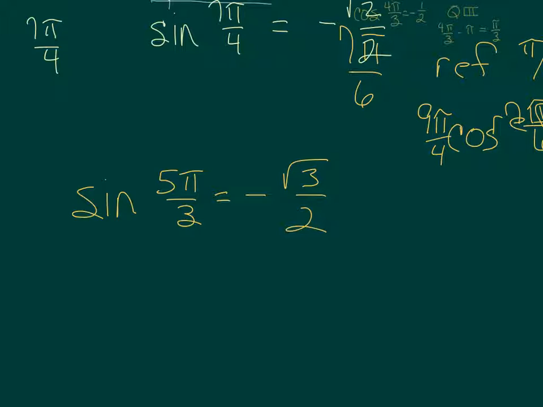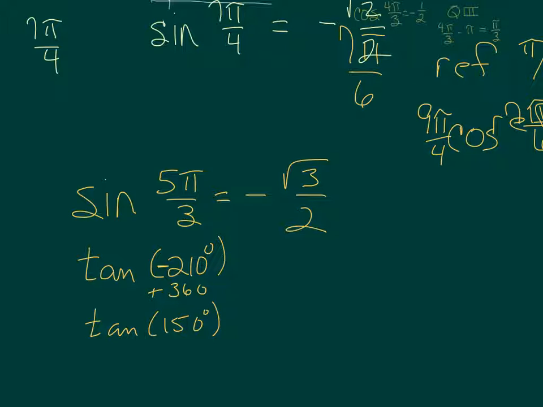Let's look at these. The tangent of negative 210 degrees. I said negative, but I didn't write it. Negative 210 degrees. How could I find a positive angle that's coterminal with negative 210? Add 360. So we get the tangent of 150 degrees. You may remember the tangent of 150 degrees from the unit circle, but it's more likely you remember the reference angle.